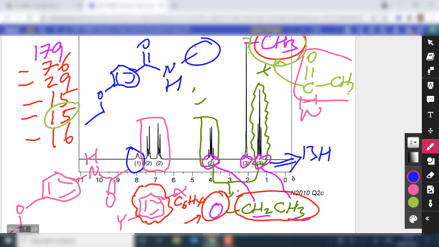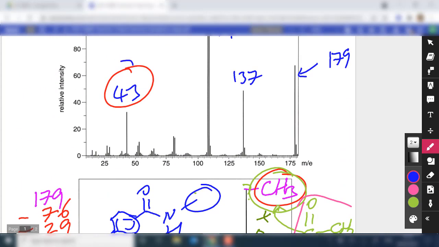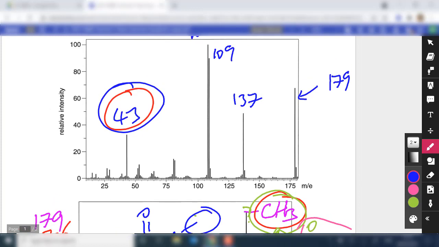But this particular CH3 is likely to give you a chemical shift of slightly above 2.5 or close to 2.5, and most importantly, you will not be able to get this particular fragment. So with that, I hope you can see how we learn to piece up information together.